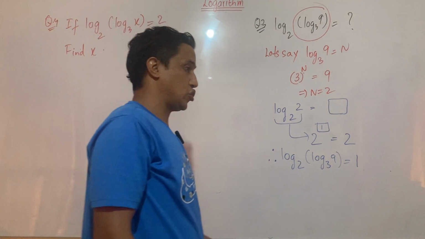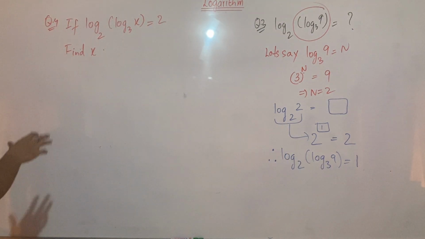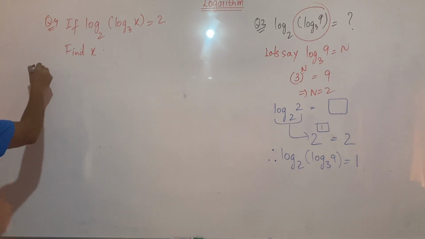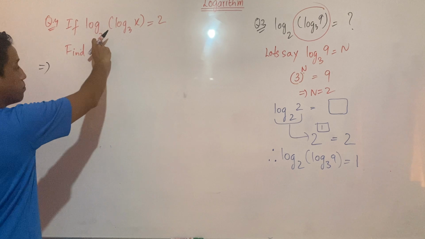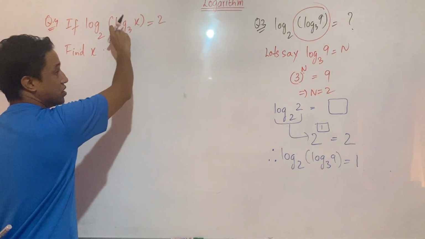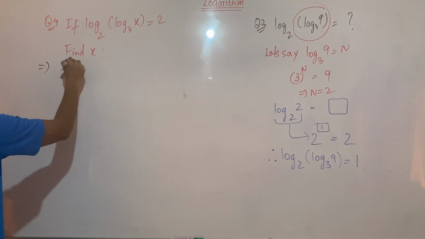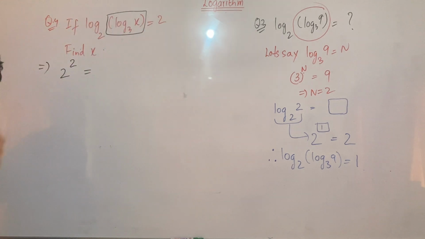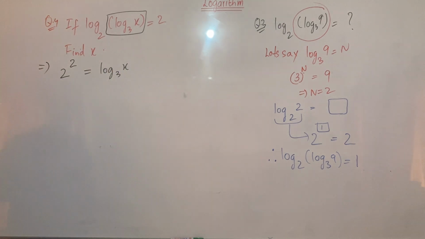If this is 2, then this whole thing means that if you raise this base to the exponent 2, you must get this as your answer. So 2 raised to the exponent 2 should be equal to this number, log of x to the base 3.